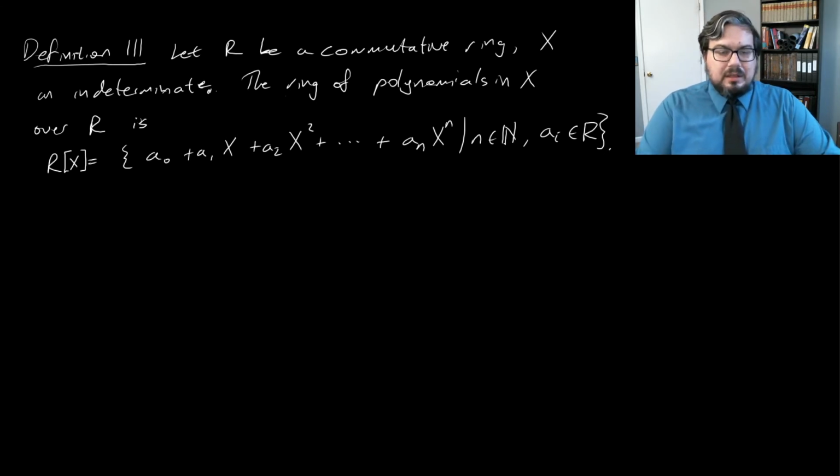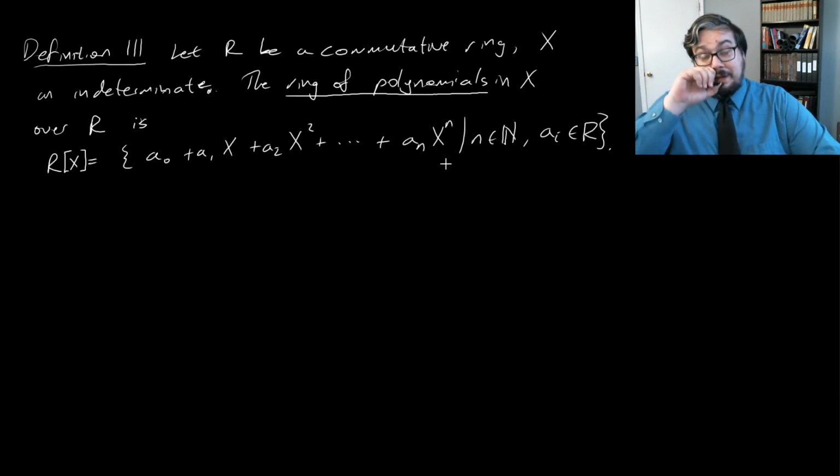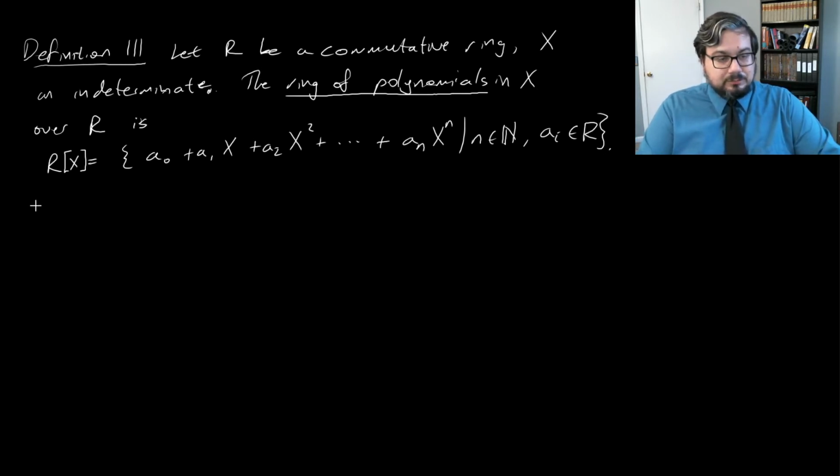Now, in order for us to call it a ring, we have to say what the operations are on it. Operations in this ring work according to the ordinary rules of adding and multiplying polynomials together. So the operations are defined by the following.